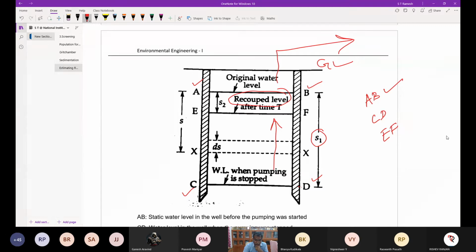Now let me make a note of the time taken to recuperate to one particular level, that is S2. That is your recouped level after time T. So you are in a position to draw this diagram.